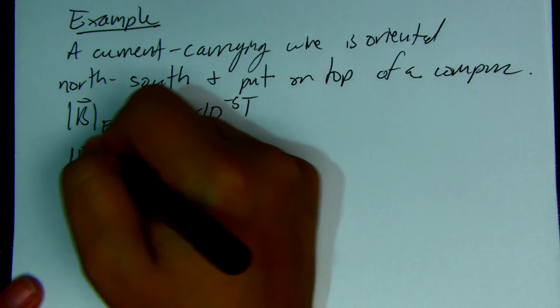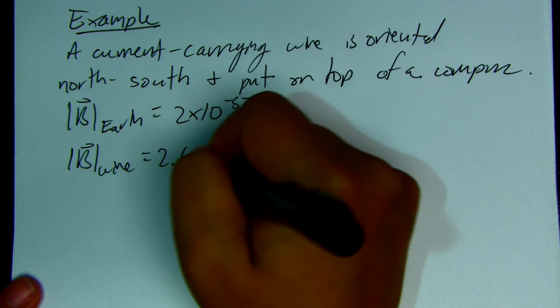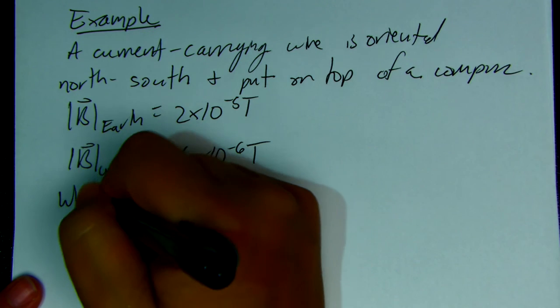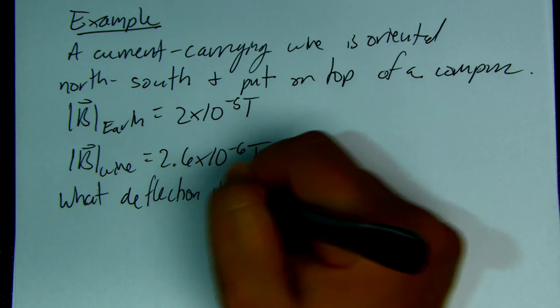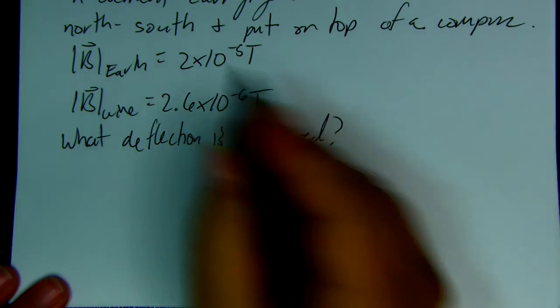And the magnetic field of this wire is 2.6 times 10 to the minus 6 Tesla. What deflection is observed? This is sort of the opposite of what you did in lab.